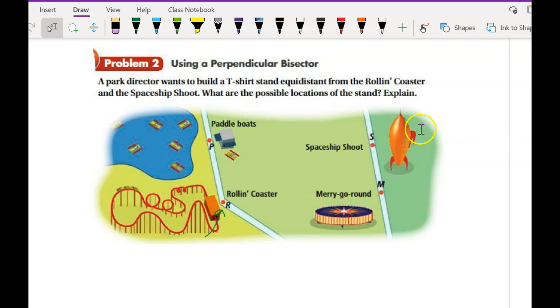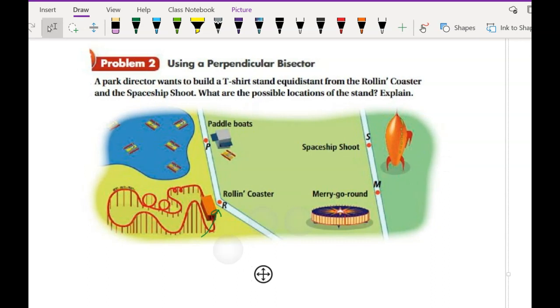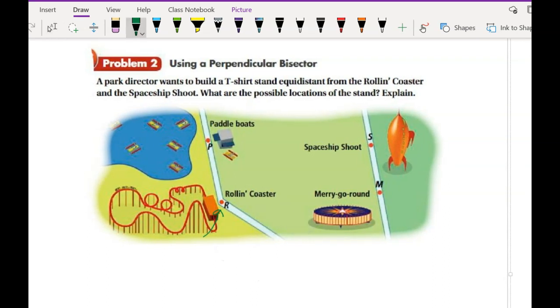Okay, well, the first thing I'm going to do is connect these. I'm going to do my best to do a nice straight line. Oops. Let me redo that. Okay, so I have my segment connecting the roller coaster and the spaceship chute.